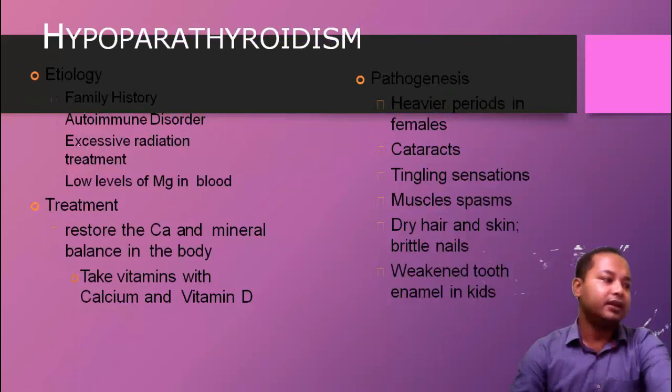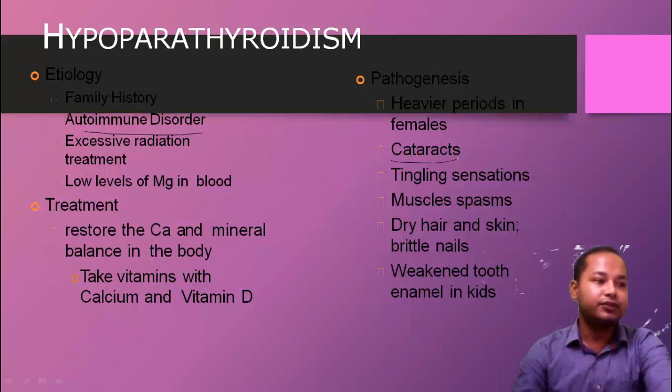Hypoparathyroidism, in case of autoimmune disorders, means there is less secretion of parathyroid hormone. Also, as I have told you, there is a definite level of the hormone which is very important. The gland has to secrete a definite, normal amount; anything in excess will lead to diseases, and anything less will also lead to diseases.